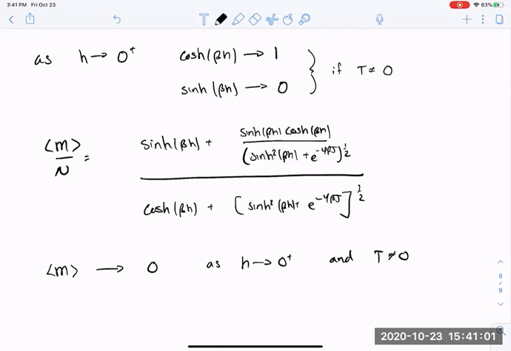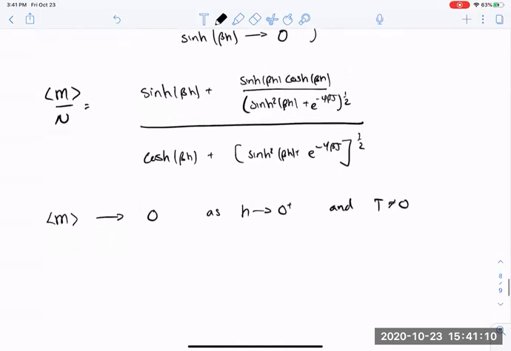What happens if T is equal to 0? So if T is equal to 0 and we take the limit of H going to 0, M will go to something finite.